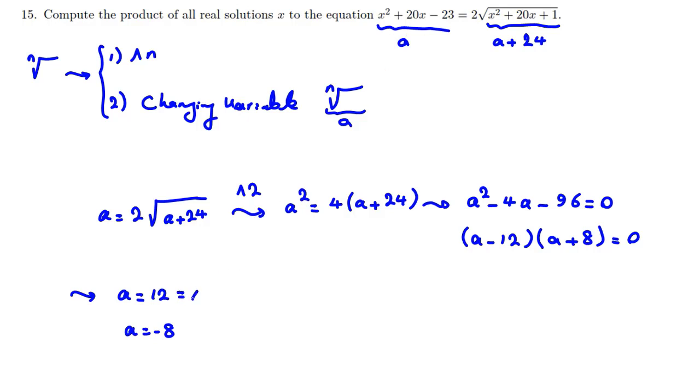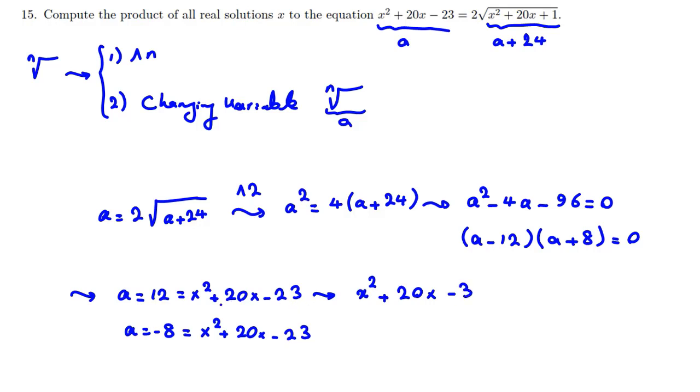A is what? A is x squared plus 20x minus 23. Let me tell you something: A plus 24 should be at least 0. In both cases, it is at least 0. And here, we should only check the product of all real solutions. So for A equals 12, we get x squared plus 20x minus 35 equals 0.